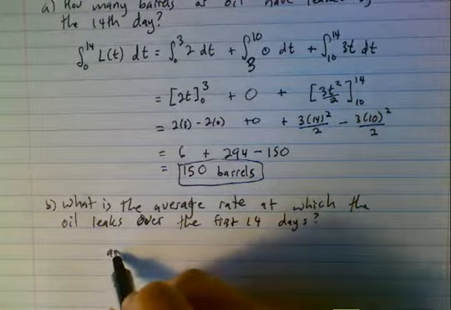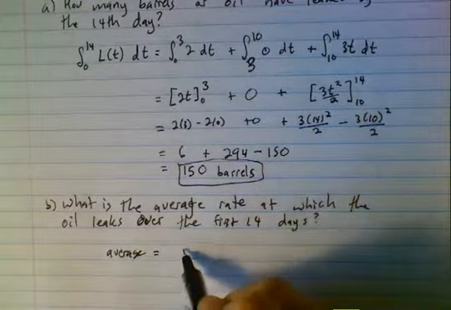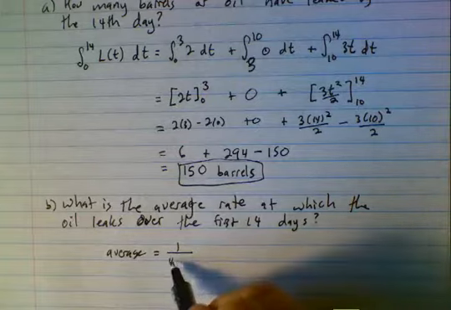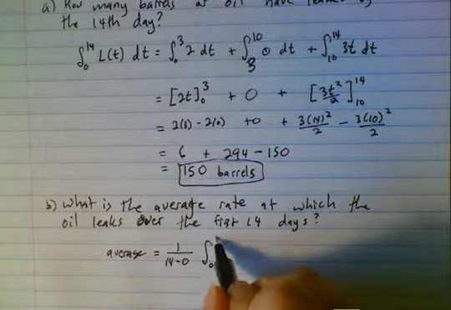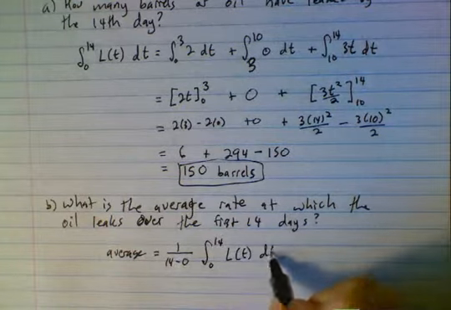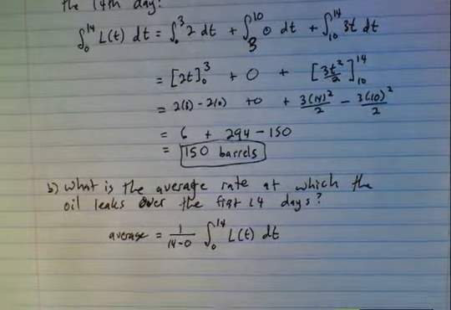Remember, average value. We're going to have this little division, so from 0 to 14, so we're going to do 14 minus 0, times the integral from 0 to 14 of L of t. This is going to give us the average value of L of t.